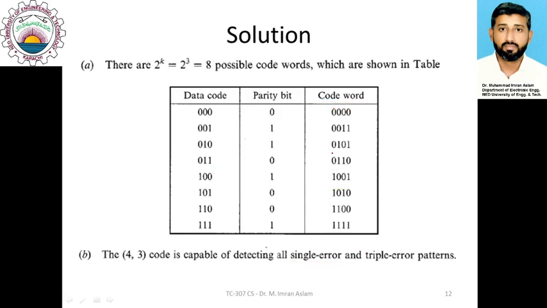However, if we have three errors, a triple error, it can be detected by this code. So this code can only detect single errors or triple errors. It cannot detect double errors. So this is the capability of this code. This was a simple example to illustrate how parity bit based error checking occurs in data transmission.